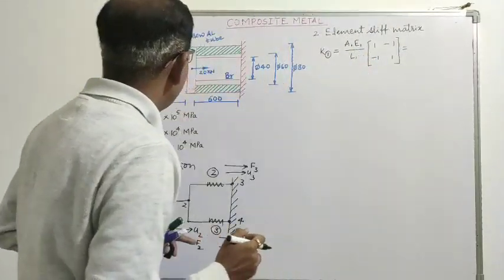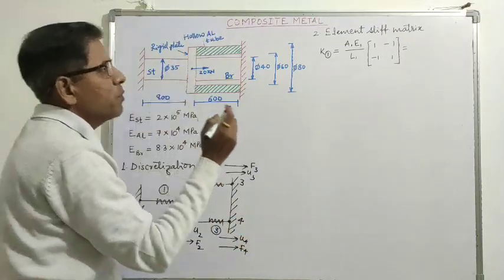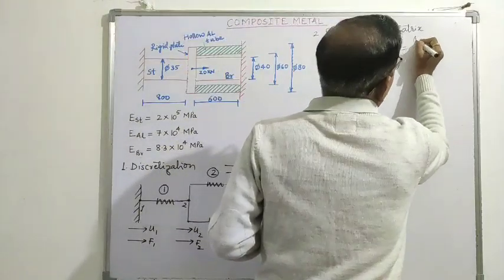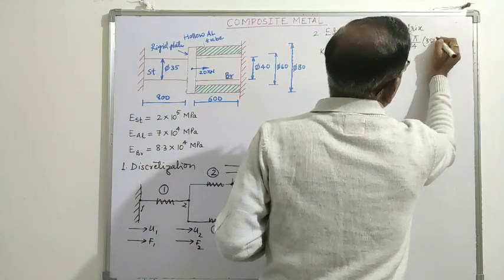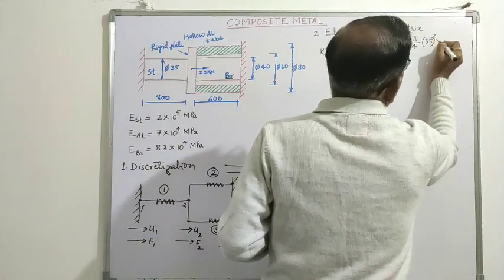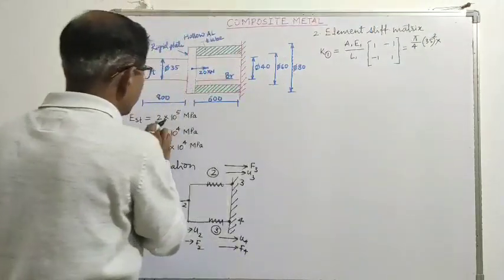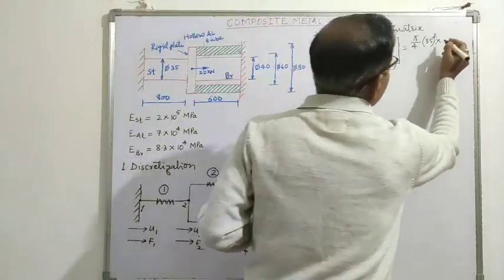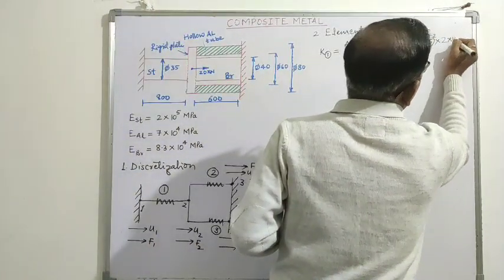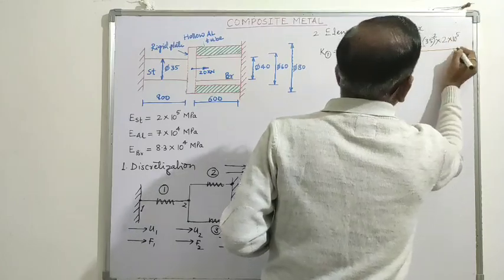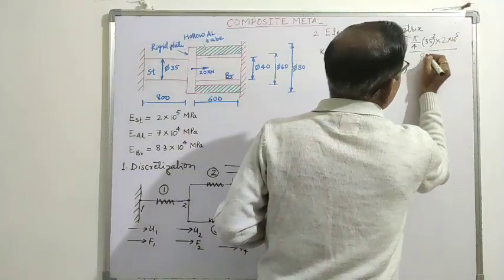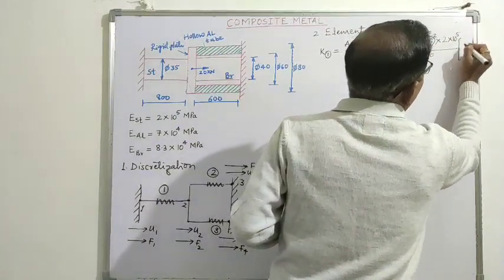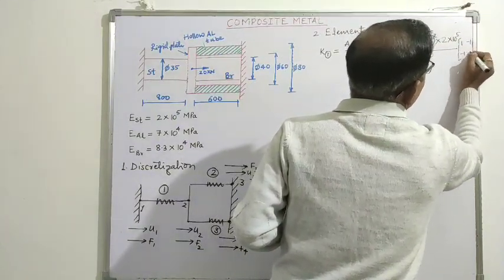What is A1? The diameter is given, so A1 is pi by 4 d square, so 35 square, multiplied by E for the steel member, 2 into 10 to the power 5, divided by the length of the member, which is 800, times the matrix 1, minus 1, minus 1, 1.